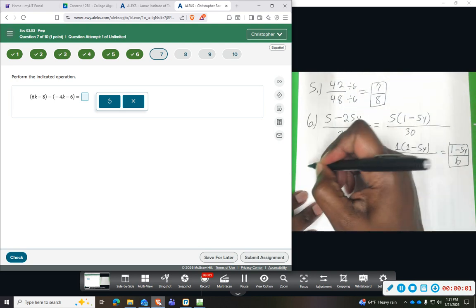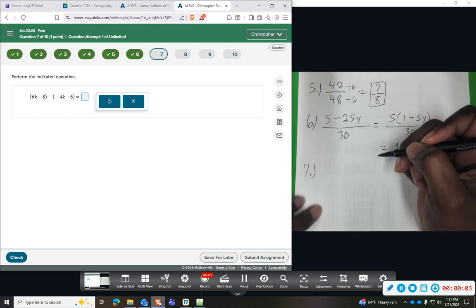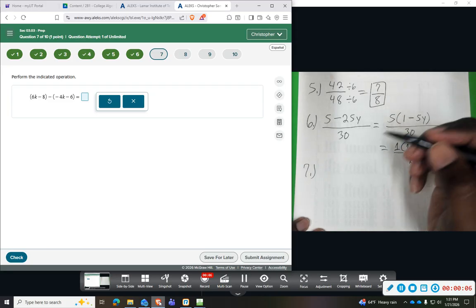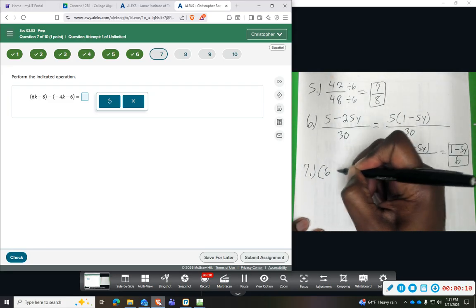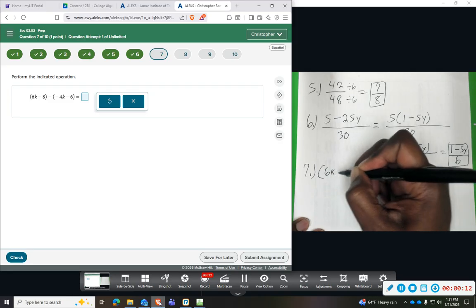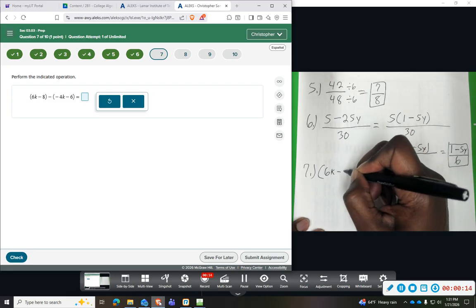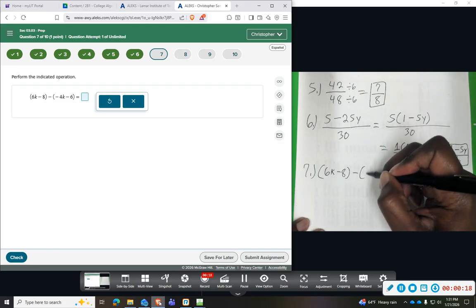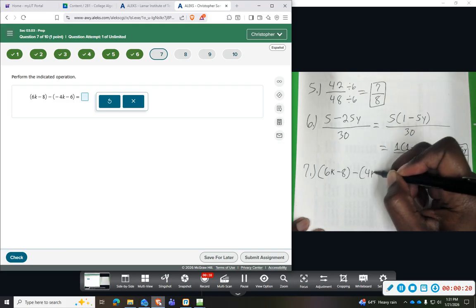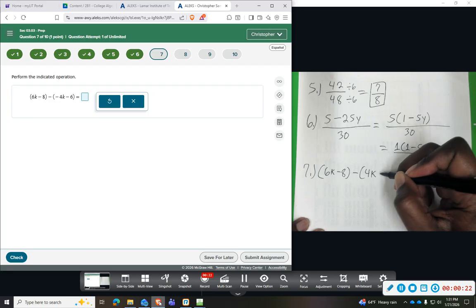All right, number 7, we want to perform the operation that's indicated. We have 6 times (k minus 8), all in parentheses, and we are subtracting 4 times (k minus 6).